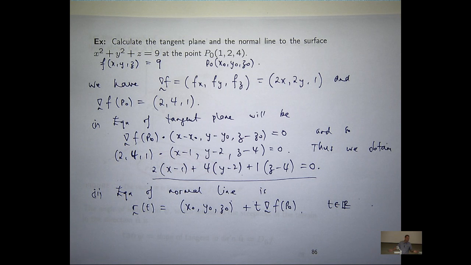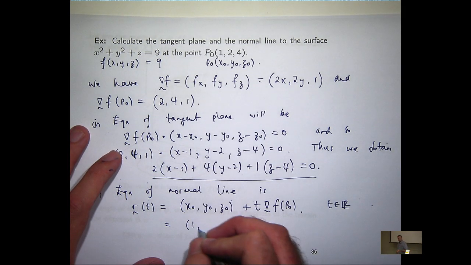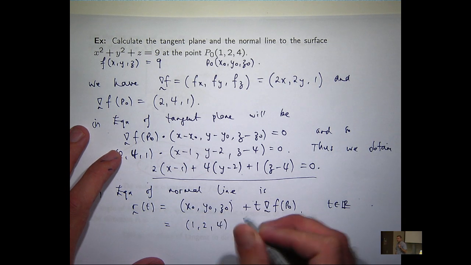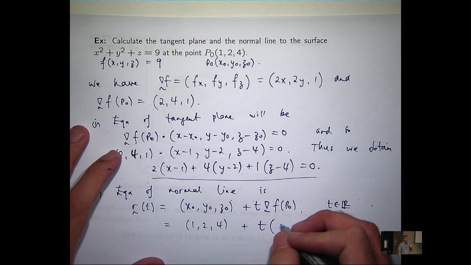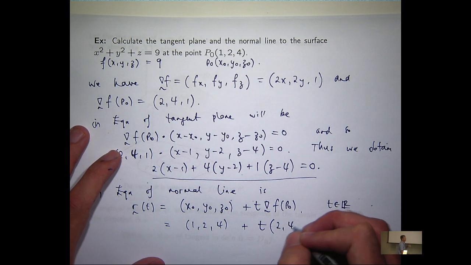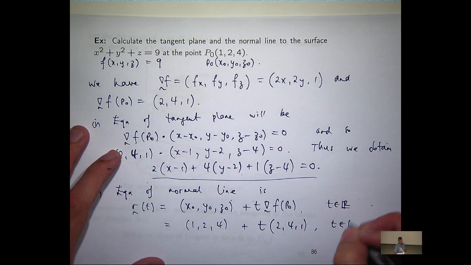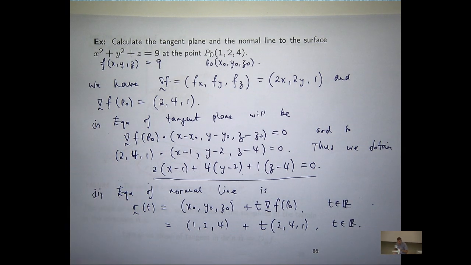T is the parameter here, and all I need to do is write down the specific details. 2, 4, 1. That's it. Pretty easy, right? Pretty easy. Nice and streamlined, in my opinion. Okay, so the gradient can really simplify and compact notation and, in my opinion, calculations.